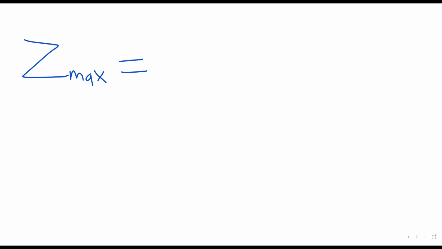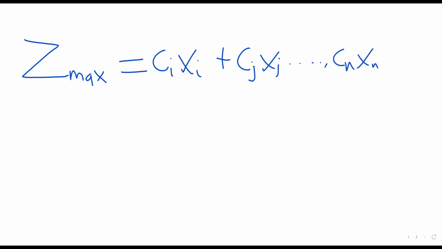Then you make it equal to, and I'm giving you the general approach. The general approach is that C1 X1 plus Cj Xj, as many of the variables that you are dealing with, up to Cn Xn.